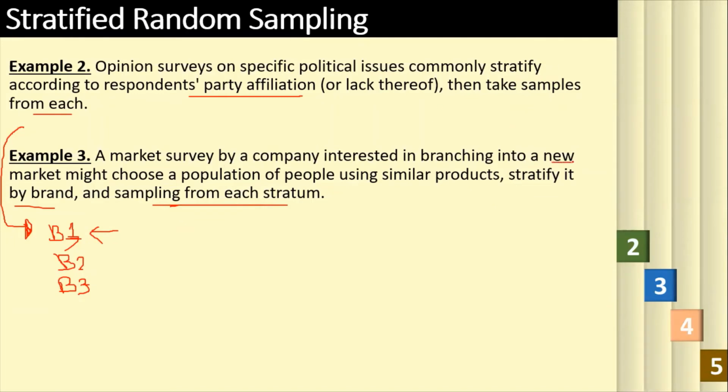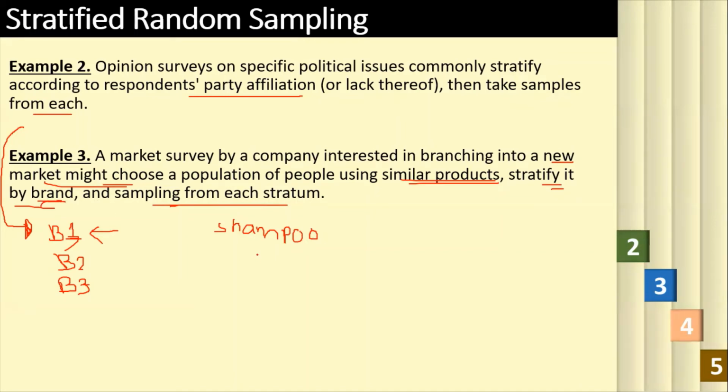Kay dili man sila mag-focus sa isa ka product, they will choose a specific product. For example, shampoo, kay interested sila sa mga shampoo users. And then, unsa man ang mga strata or subgroups nga mahimo gikan sa shampoo? Pinakasayon is by brand.